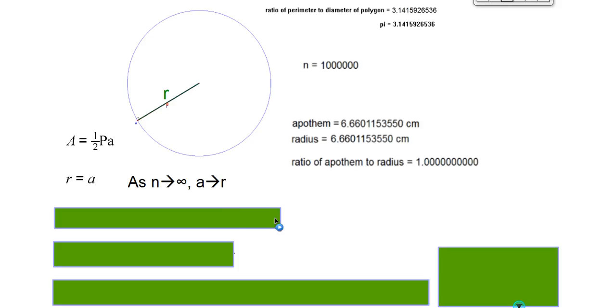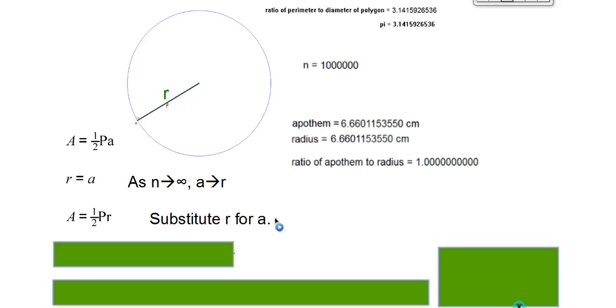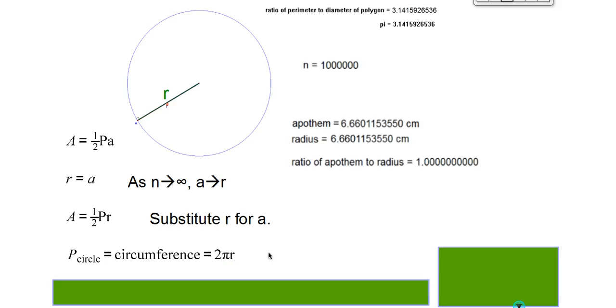And if the apothem and the radius are equal, then we can substitute the radius for the apothem in my equation for regular polygons. So instead of 1/2 perimeter apothem, I now have 1/2 perimeter radius. Remember that the circumference of the circle is 2 pi r, and so we can substitute 2 pi r for the perimeter also.